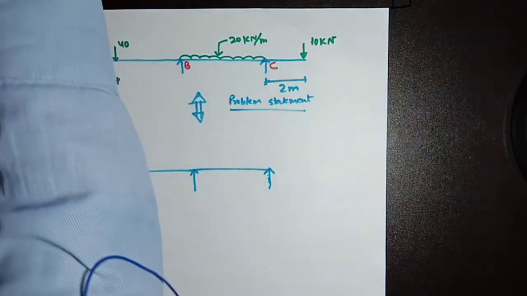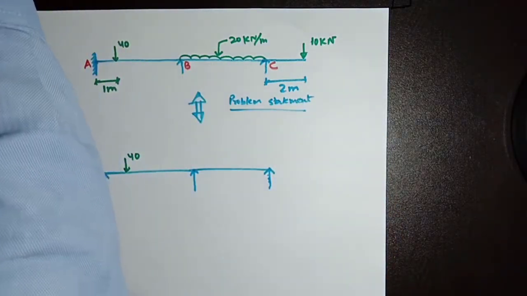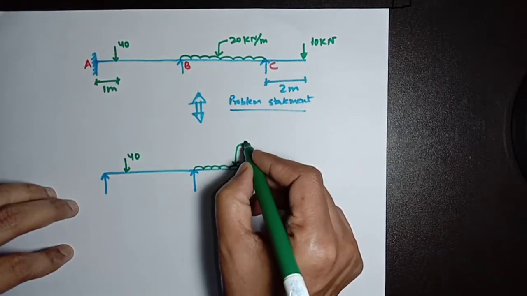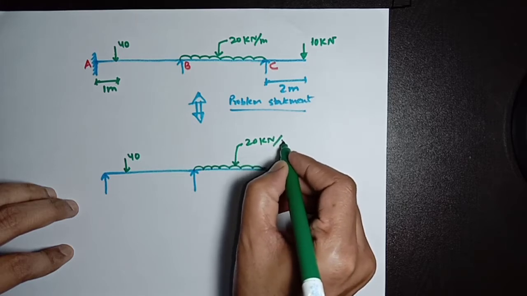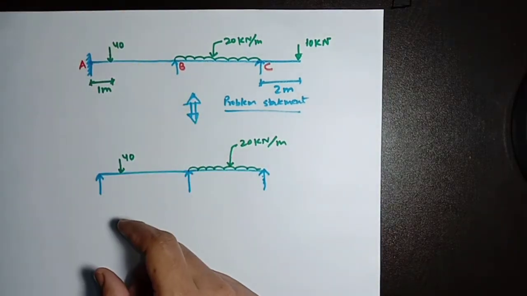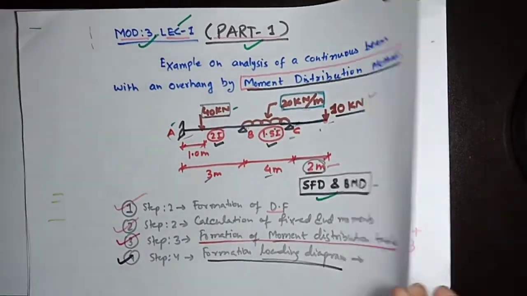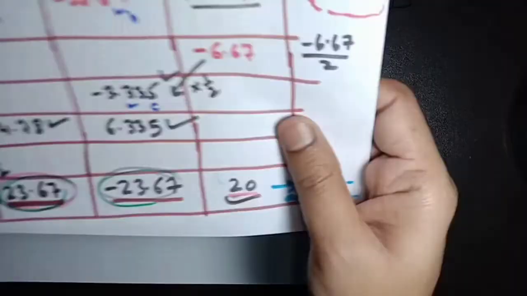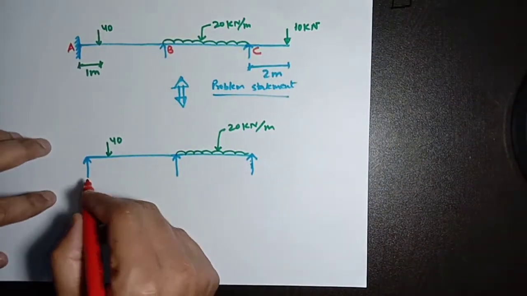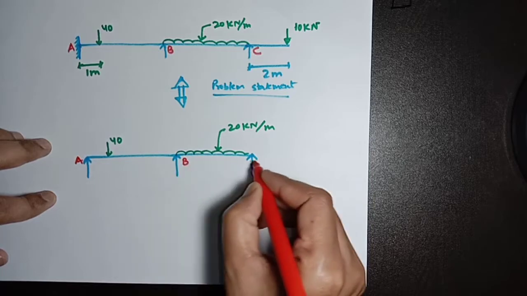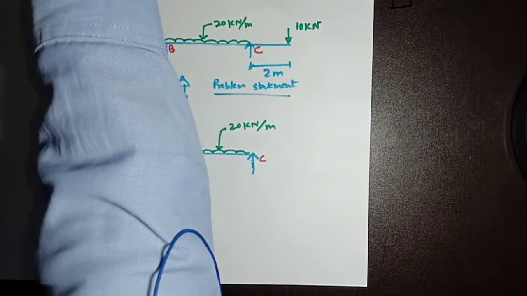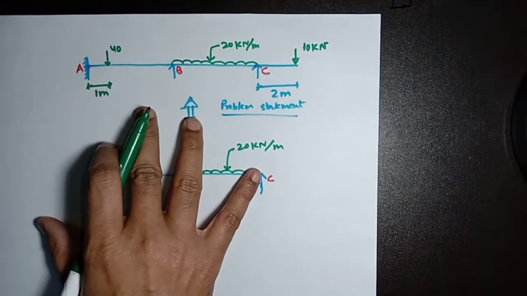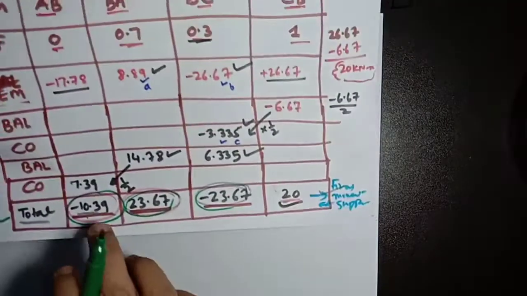Now we are going to draw the loading diagram, and here the loading of 20 kilonewton per meter of UDL is, and as per our moment distribution chart, you can see here is support A, this is support B, and this is support C. And now here we have calculated the final moment.